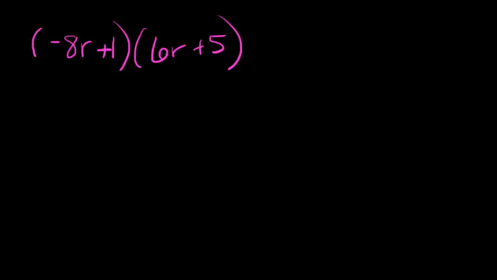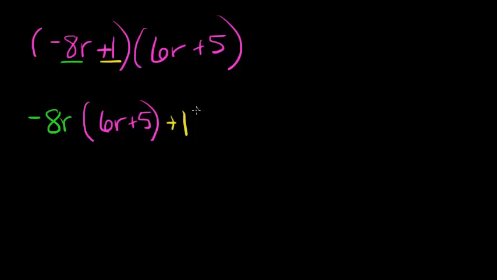The way I've showed you to do it in class is we're going to take this first term, negative 8r, and multiply it by this second parenthesis, 6r plus 5. Then we're going to take this second term, plus 1, and multiply it by the second parenthesis, 6r plus 5. Okay? So we're taking this 8 in this first part times everything in the second parenthesis.